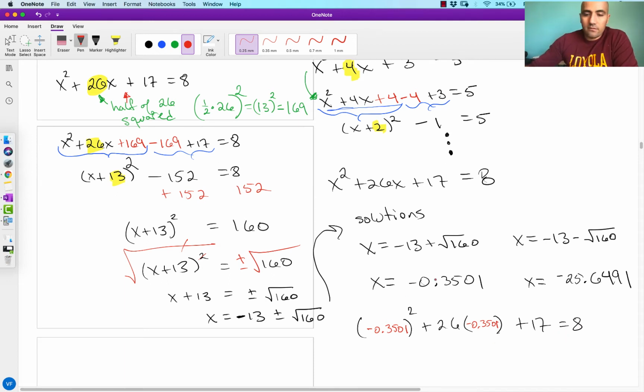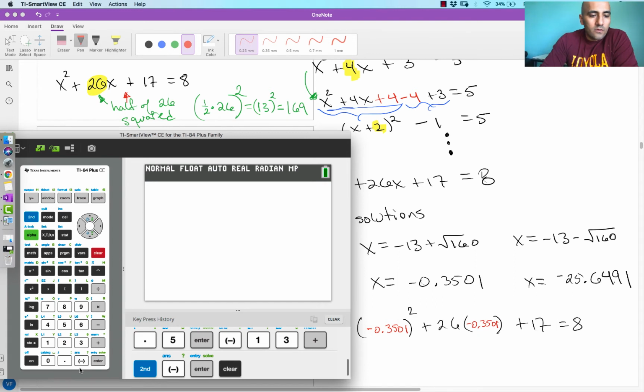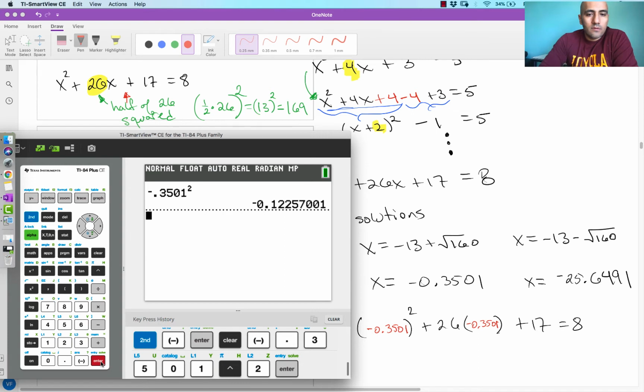So let's check it. Approximately negative 0.3501 to the power of 2 gives you that.